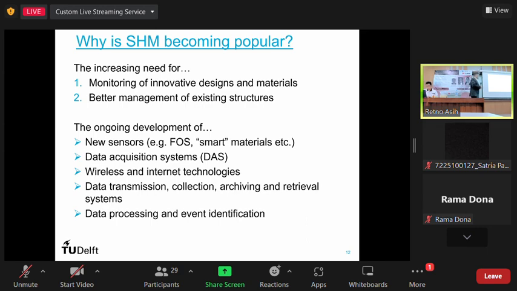And of course, there is data processing, such as artificial intelligence algorithms that are being developed. So we are in a good position to move toward structural health monitoring because we have all the resources and all the things that we need.